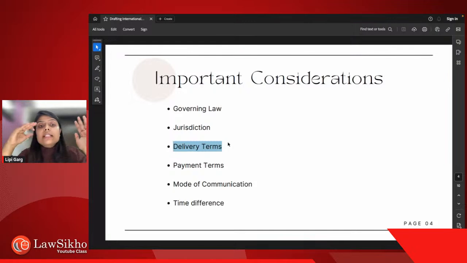All of these things are determined in the delivery terms. So these are very essential components when you are dealing with an international sale purchase scenario. This is a very important clause that you should be paying attention to.